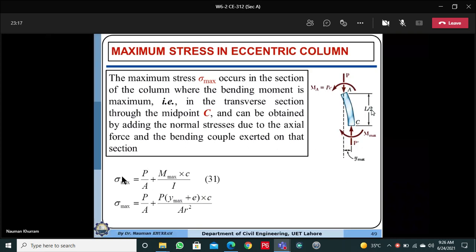Now if two loads are acting simultaneously, meaning two separate loads acting at the same time, maybe 10 and 20, what will be the resultant stress?